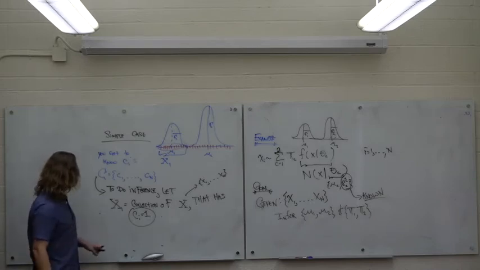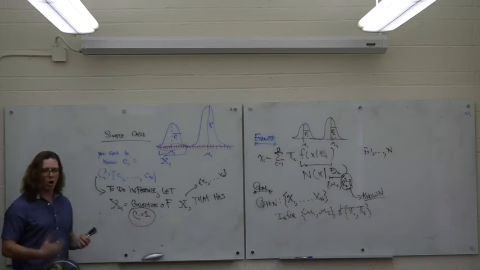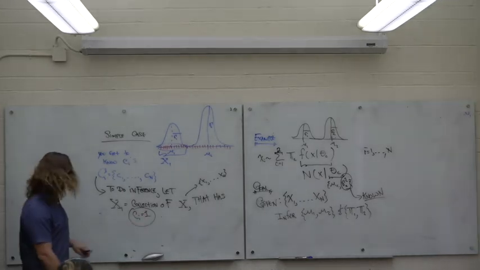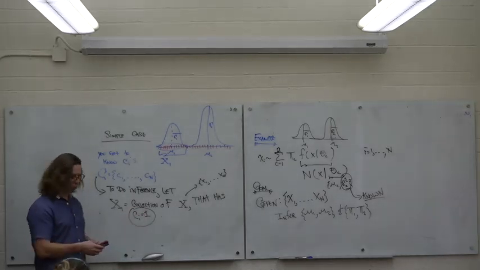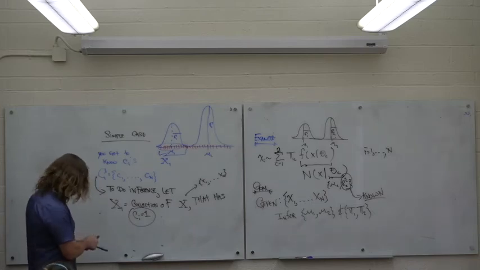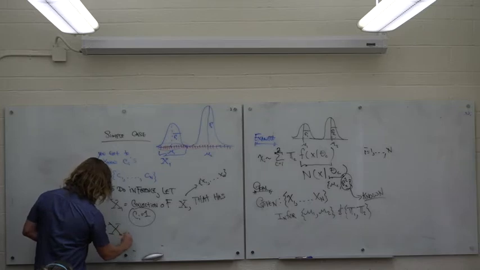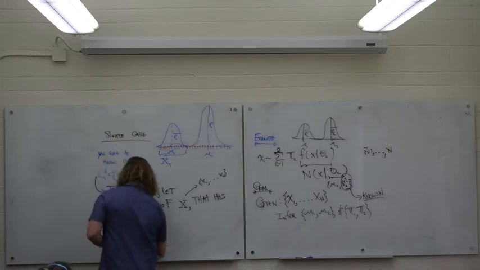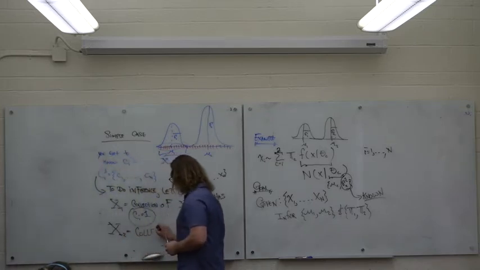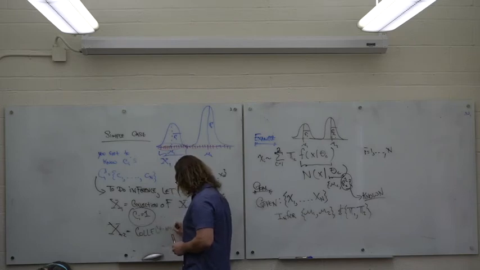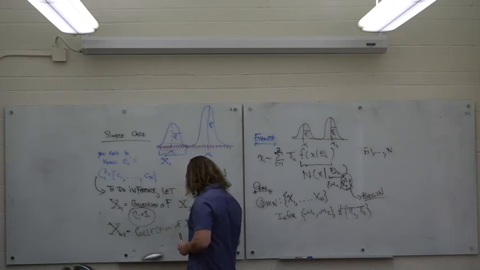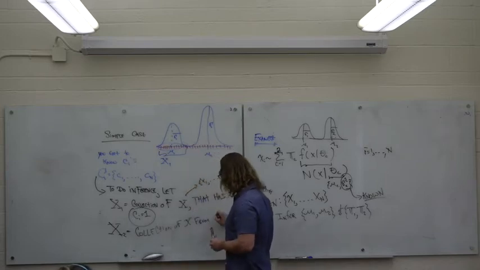Sierra is going to have some notation for you, and I don't want to walk all over her notation right now. That's why I'm being a little bit more general about this. X2 is equal to the collection of data points from component 2.